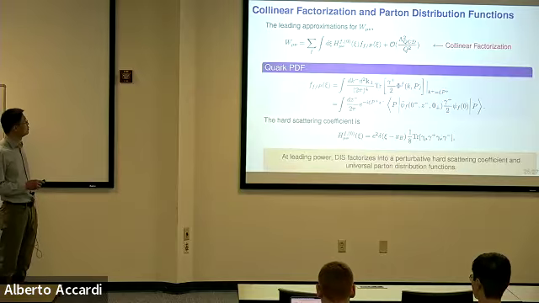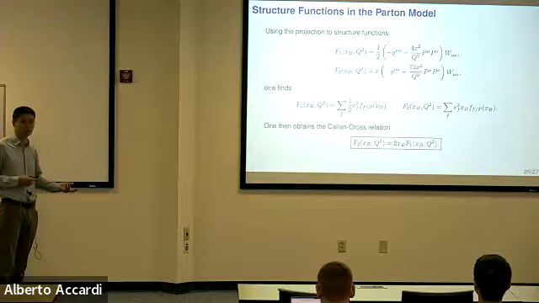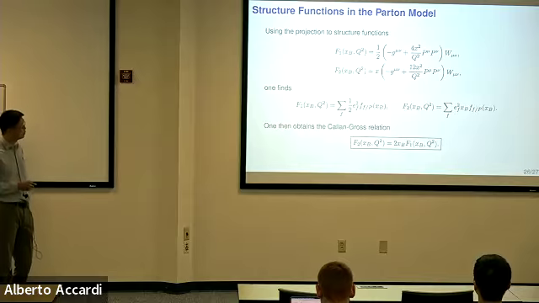This is for W mu nu. We can actually project out F1 and F2. Remember, we expressed the W mu nu in terms of W1 and W2. W1 and W2 are related to F1 and F2, so we can project out the structure functions F1 and F2 from the expression of W mu nu.